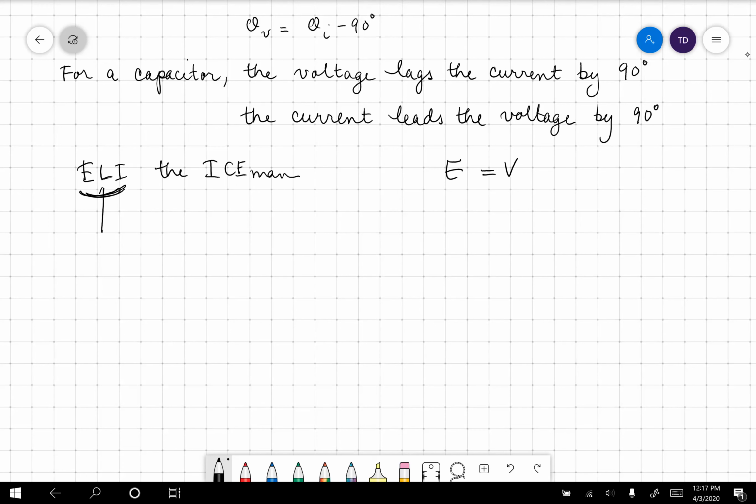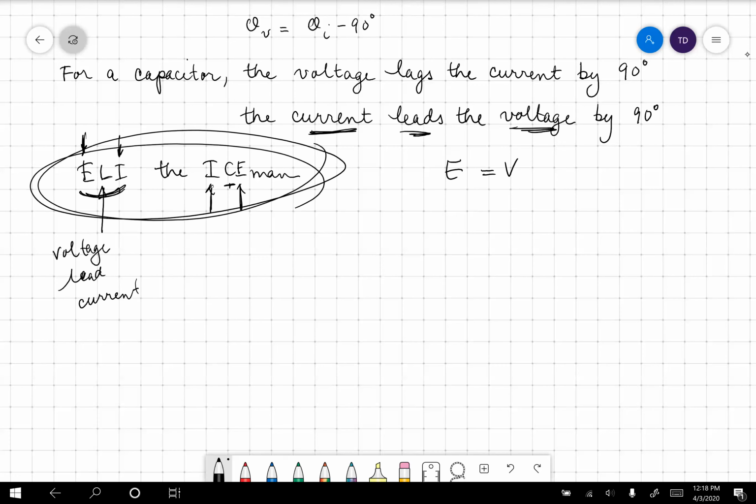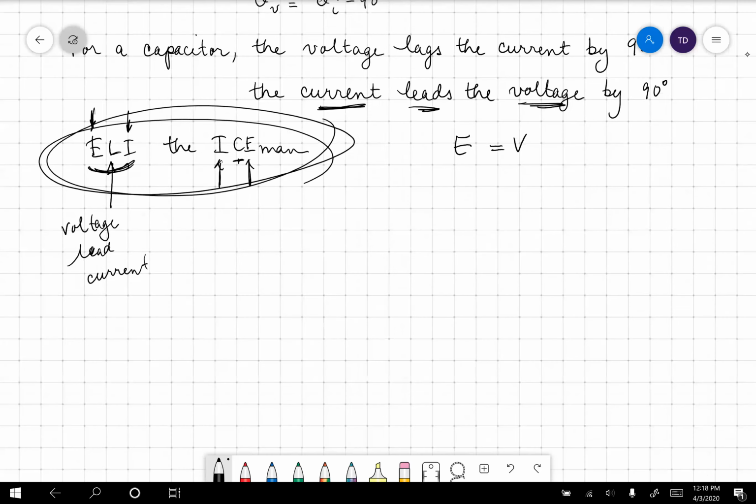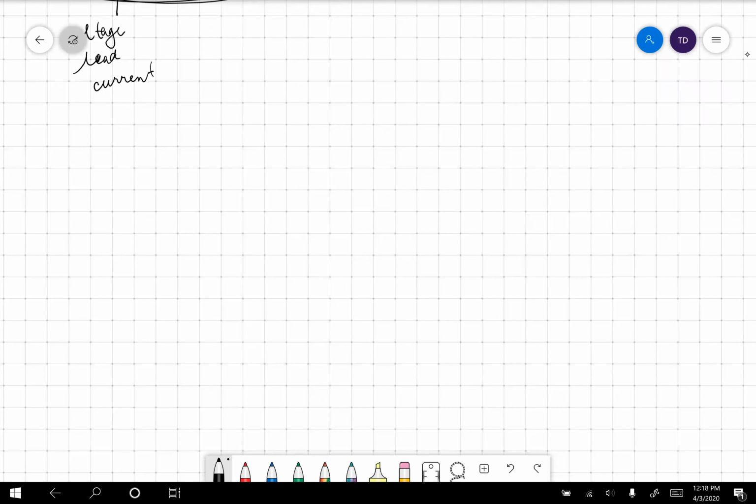So for L, the inductor, E comes before I. Voltage in an inductor leads current. Voltage leads the current. For the capacitor, current leads the voltage. So this little gimmick might be helpful for you in case you need to recall which one's leading, which one's lagging, okay?